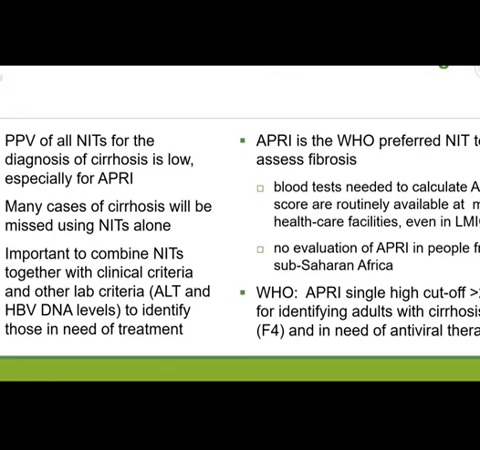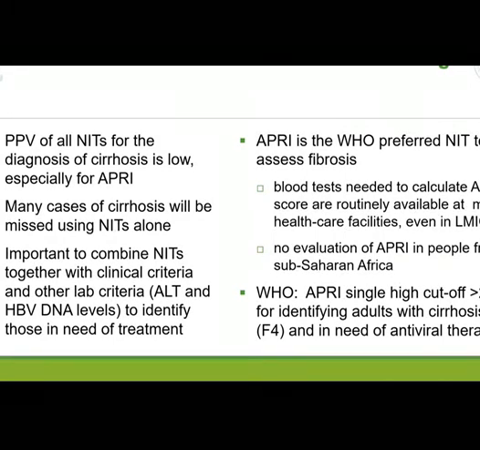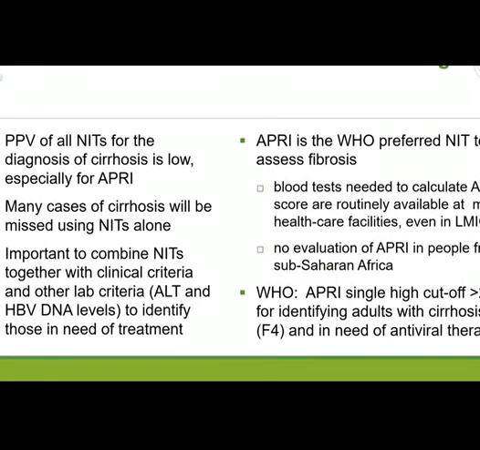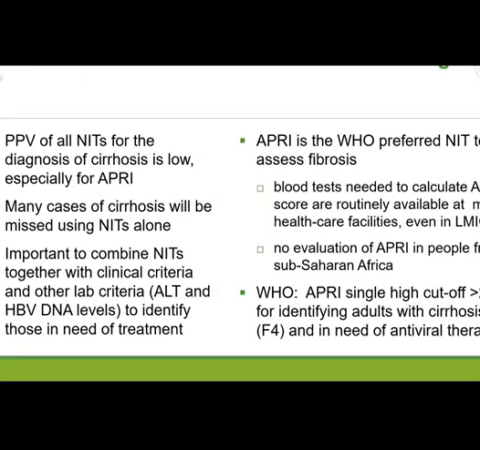APRI is the WHO preferred non-invasive investigation. The blood tests needed to calculate APRI are routinely available, nearly every patient having these tests. So APRI single high cutoff greater than 2 identifies adults with fibrosis and in need of antivirals. Like we have said, at 1.5 and above the patient is having cirrhosis.